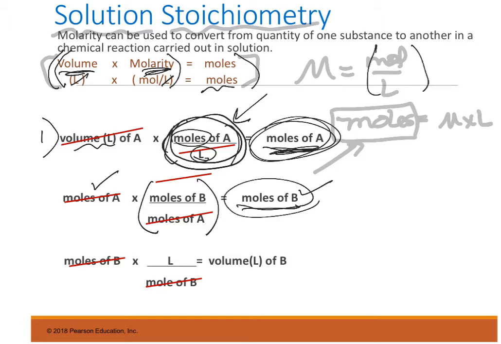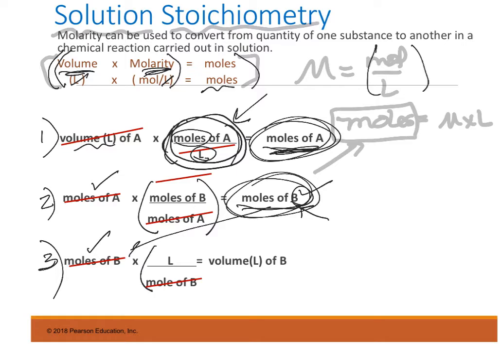Once you have moles of the other substance, you're just going to have to read the question to see what they're asking for. Are they asking for volume of that new substance, or molarity of that new substance? The third step is going to vary, but let's say they were asking for volume of B. You would take the moles you just calculated for B and multiply by the molarity of B, which they'd have to give you.